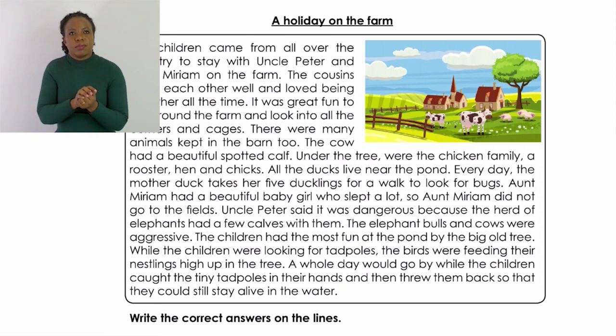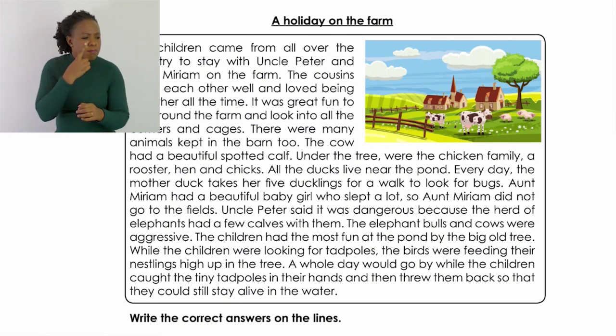A holiday on the farm. The children came from all over the country to stay with Uncle Peter and Aunt Miriam on the farm. The cousins knew each other well and loved being together all the time. It was great fun to run around the farm and look into all the corners and cages.